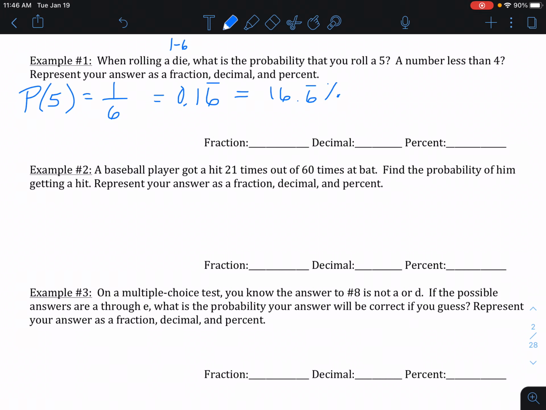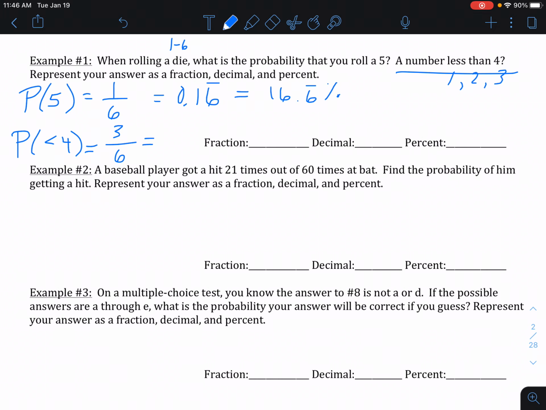All right, there's actually a second question in here. What's the probability of a number less than 4? So the probability of getting less than a 4 if you roll, how many outcomes are there? 6 total. How many are we looking for? Well, a number less than 4 could be 1, 2, or 3. So that would be 3 out of 6.